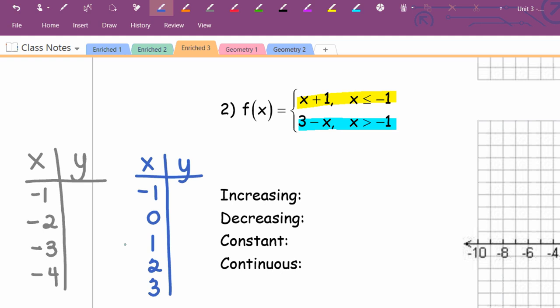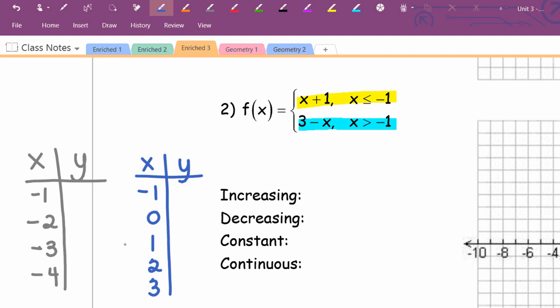Do me this favor. Fill in the yellow, fill in the blue. Not speculative. You can determine what those will be. We addressed it before. Proceed, and we'll deal with it as soon as we get to the graph, because the picture is what's going to give you your answer.